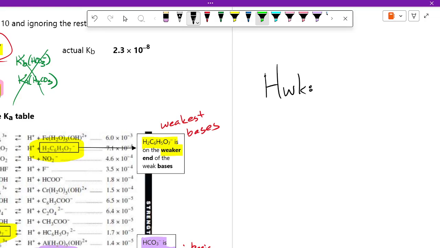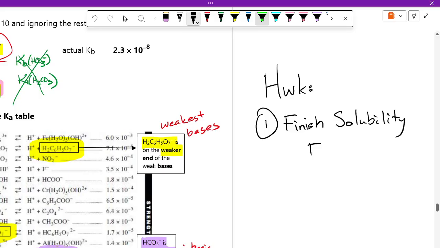So your homework is number 1, finish the solubility FRQ.